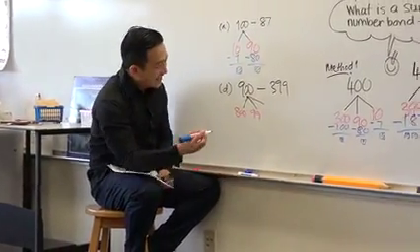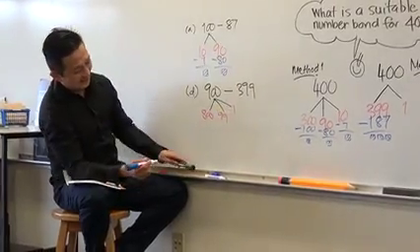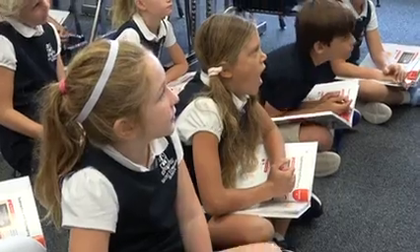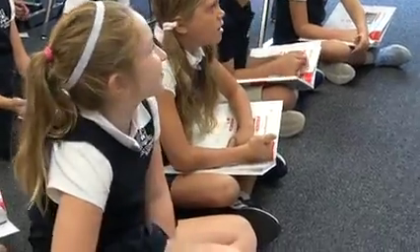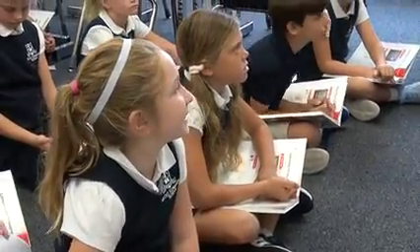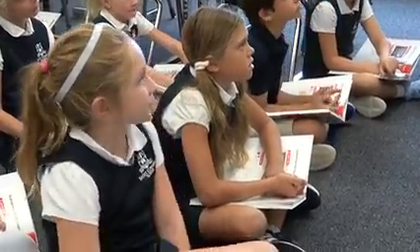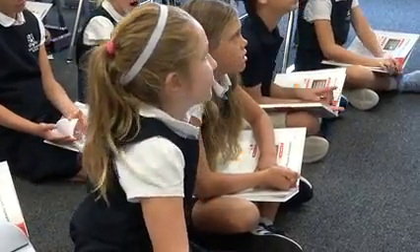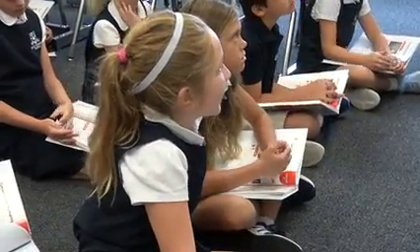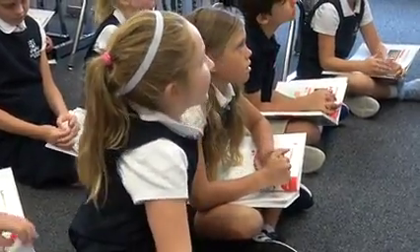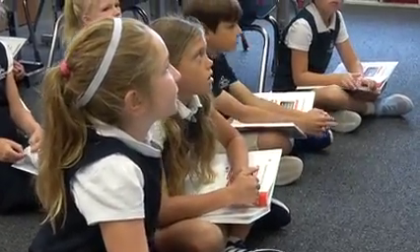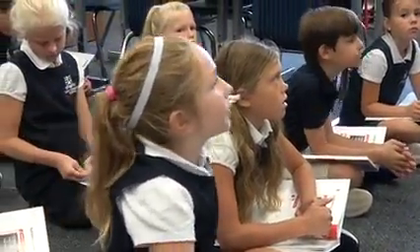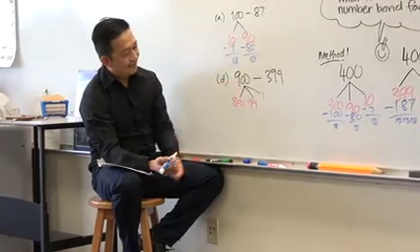Because you don't have to regroup, you just add the 800 to the 90, and that would be 890 plus 1, so that would make the number 900.